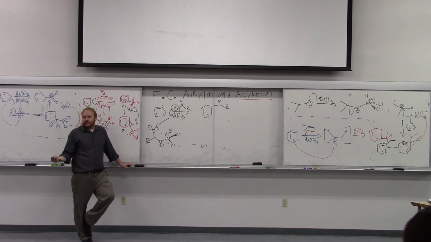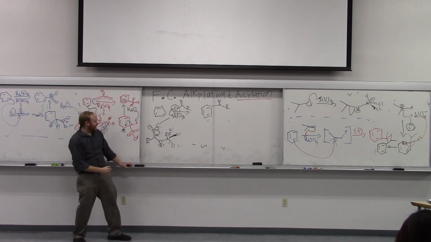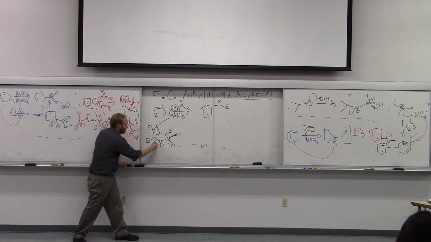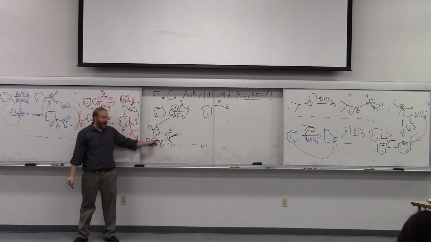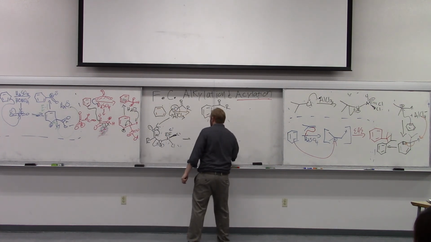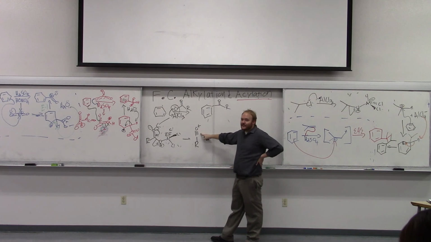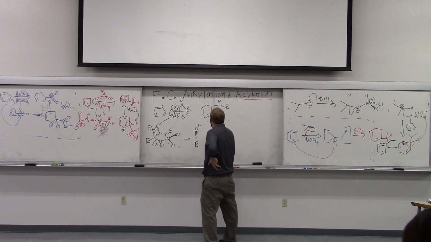E2 type elimination. So these lone pairs of electrons are going to kick down here, breaking this bond, giving us this really high energy, freaky looking intermediate. So we form this, and then we have AlCl4 minus.